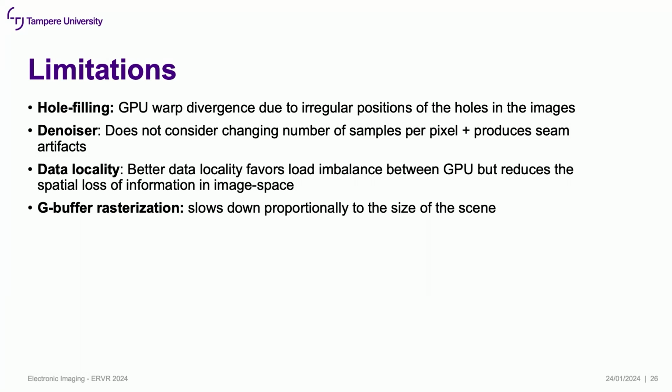We also improve the data locality, because compared to the Cycles version of Meta and Taure, we do not use a sparse image space, but a contiguous one. So we improve data locality, but sometimes we may have more imbalance.